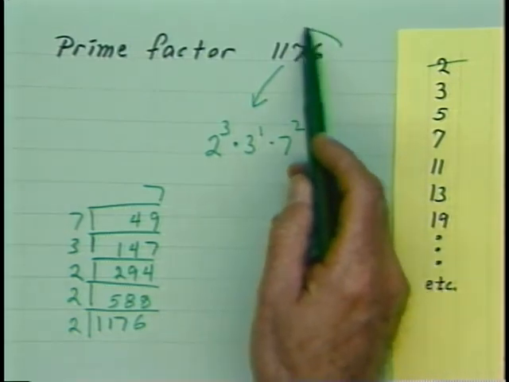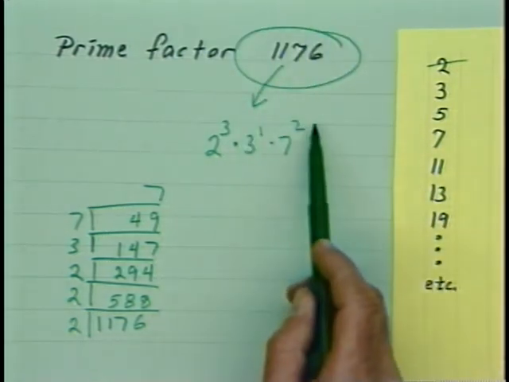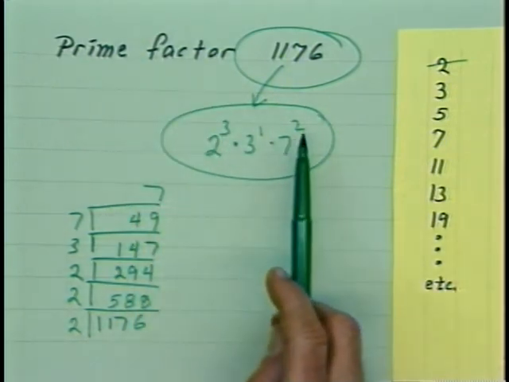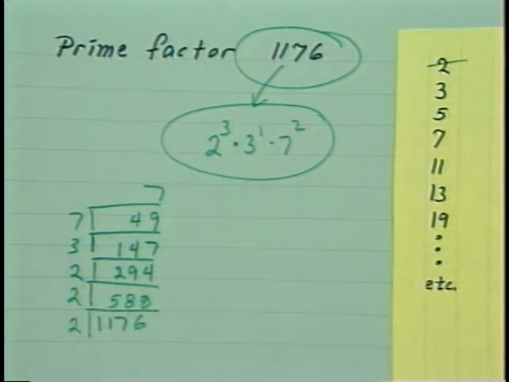So here we have 1176 in prime factored form written in exponential form. That's the form that we're going to use in the future lessons to find the lowest common denominator of very complicated fractions. But this will make it a very routine affair.